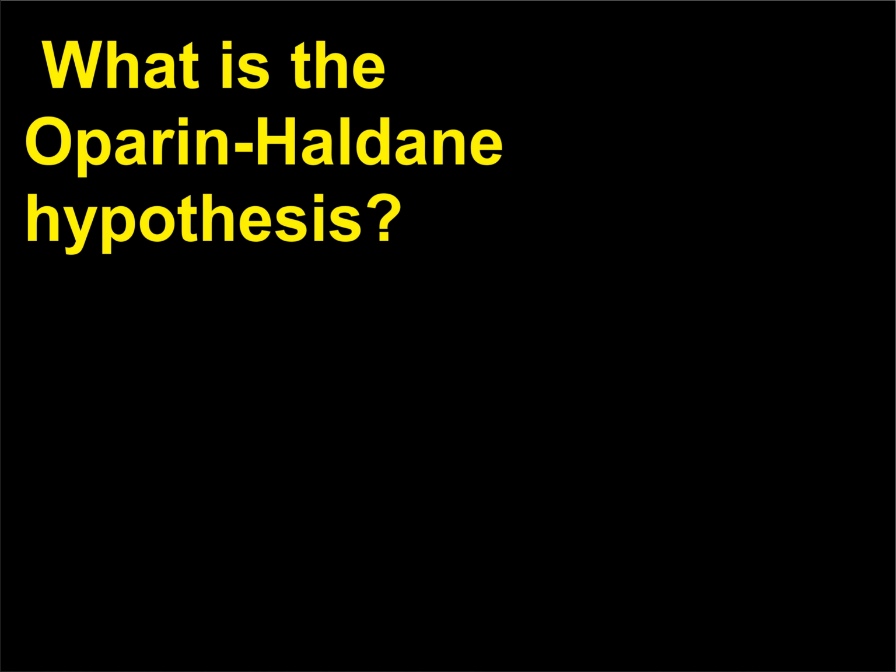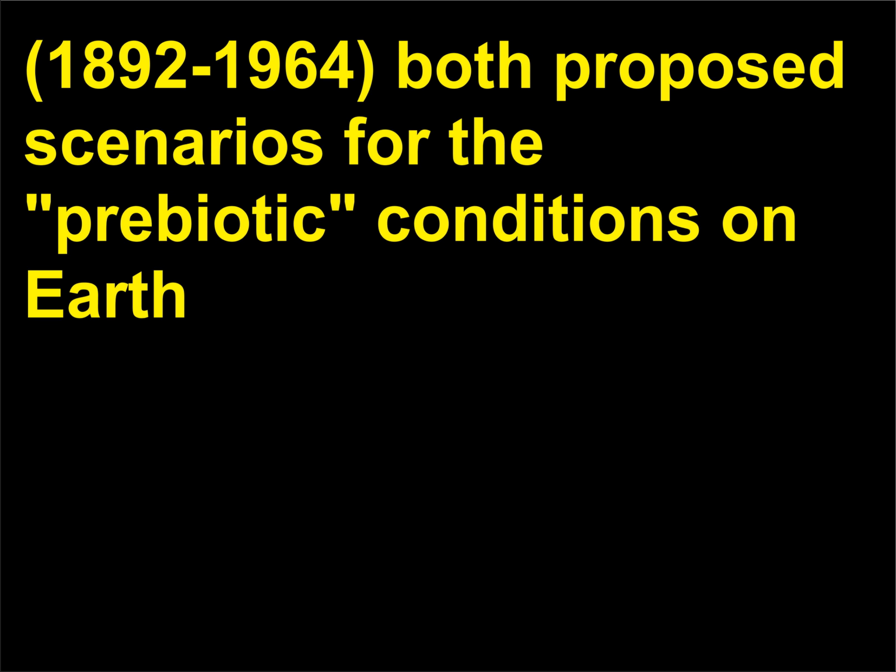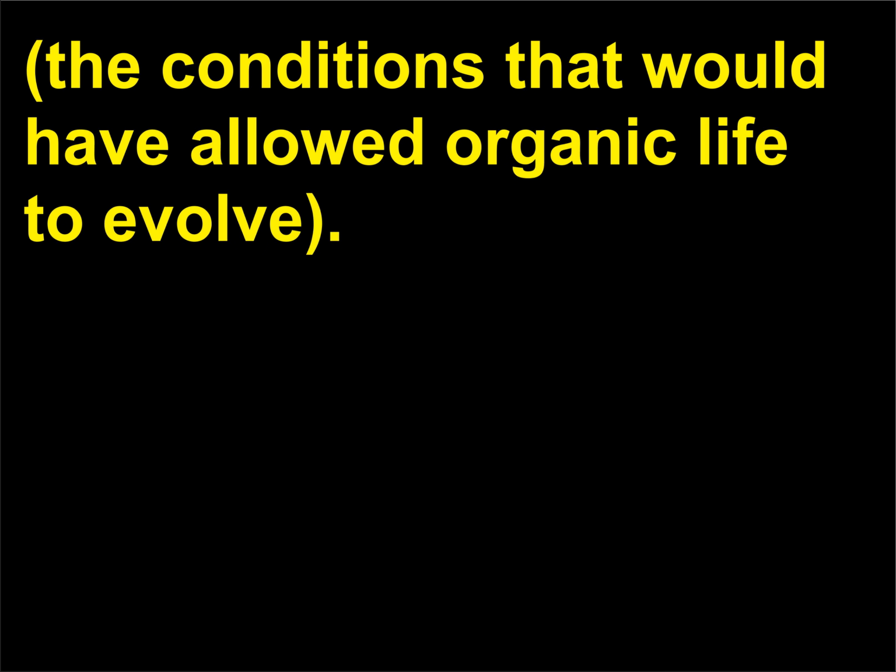What is the Oparin-Haldane hypothesis? In the 1920s, while working independently, Alexandre Oparin, 1894 to 1980, and John Haldane, 1892 to 1964, both proposed scenarios for the prebiotic conditions on Earth, the conditions that would have allowed organic life to evolve.